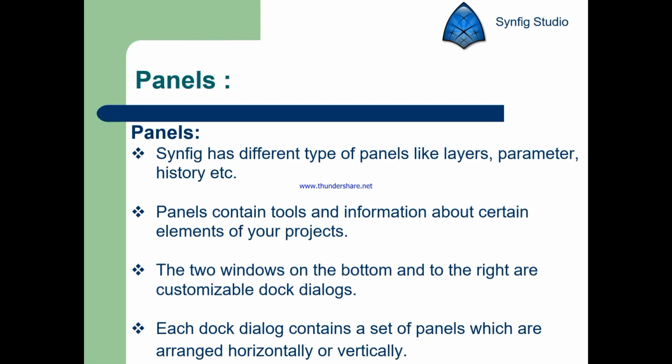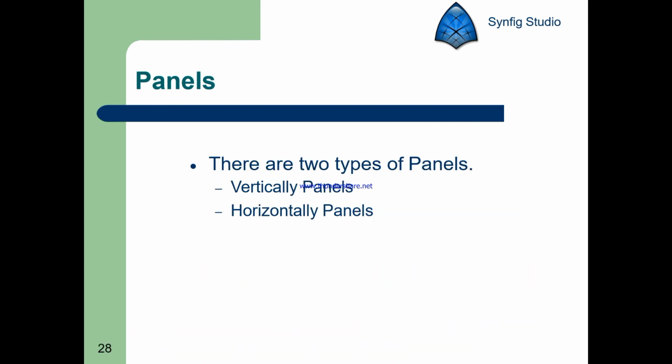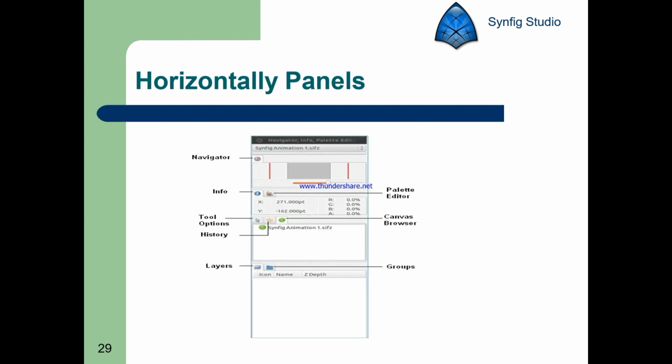Then we discussed panels, some different panels. First of all, horizontal panels: navigator, info, tool options, history panel, layer panel, palette editor, canvas browser, groups.